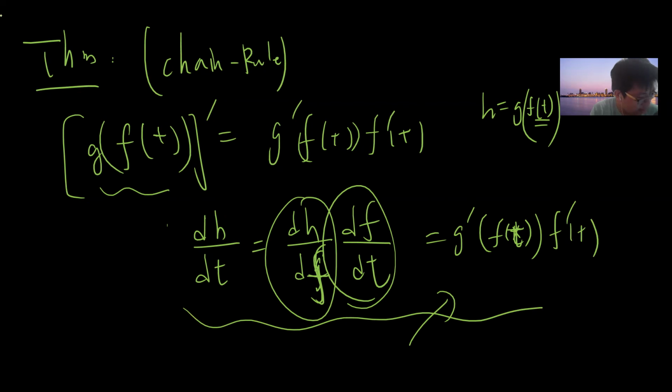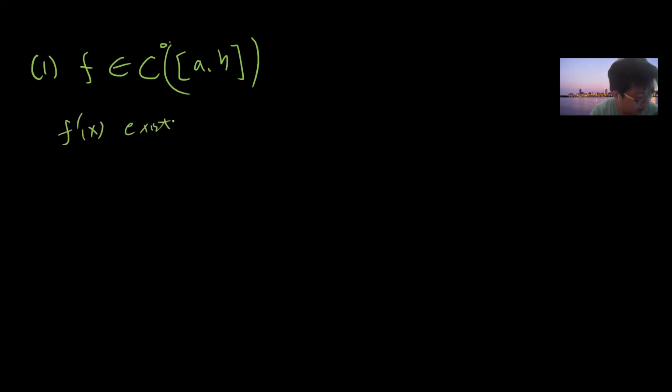Don't worry, it's a little bit long. You need to write down the assumptions. The first assumption we start with is that f is continuous on (a, b), written C0 of (a, b), and f prime of x exists at some point x belonging to (a, b).